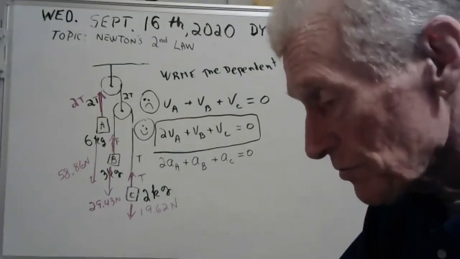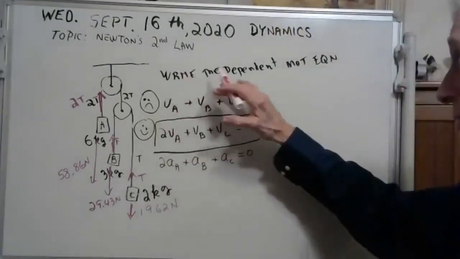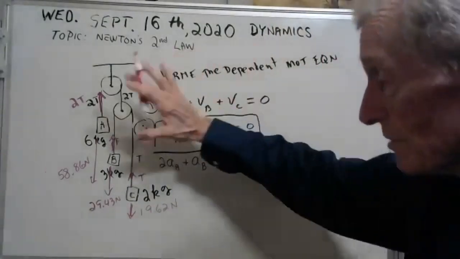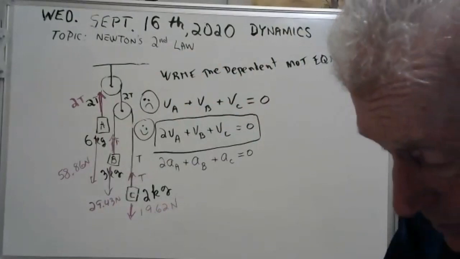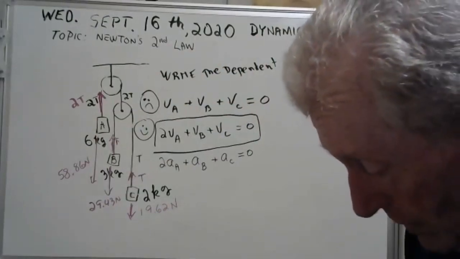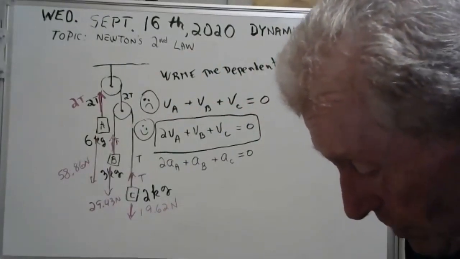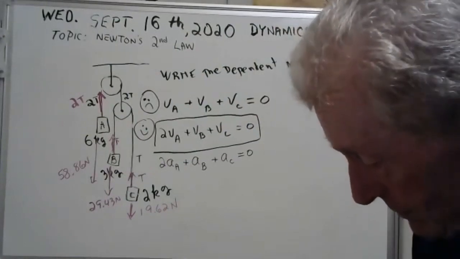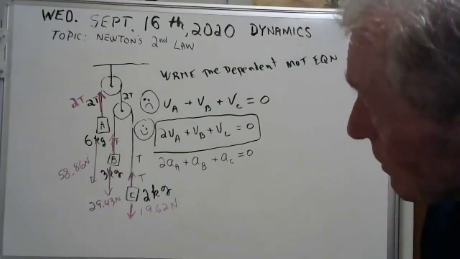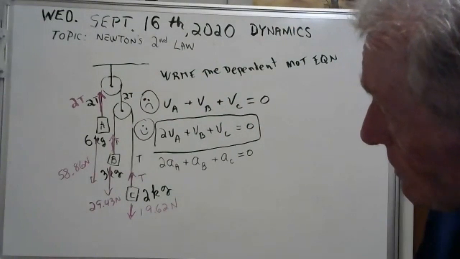But this is how you do problems. You write the dependent motion equation, you draw your situation, your free body diagrams, and then you get your red pencil out and you put all the forces on your bodies, and we did that.